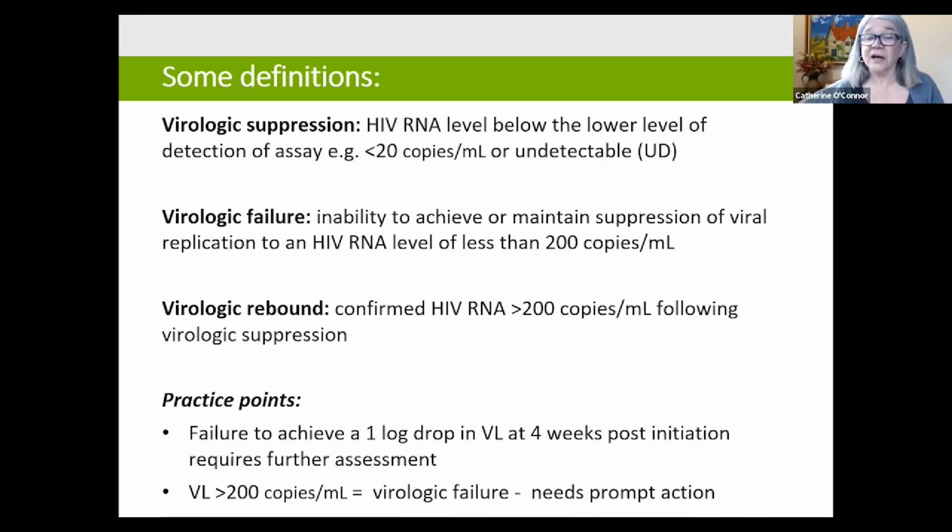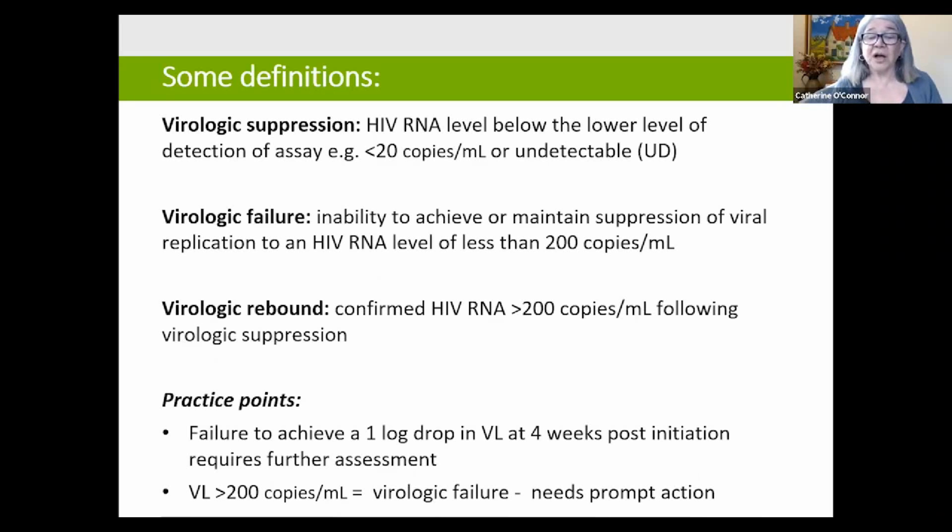Virological failure is the inability to achieve or maintain suppression of viral replication below 200 copies per mil. Virological rebound is when we've got to less than 200 copies per mil, and then we bounce back up to greater than 200 copies per mil.